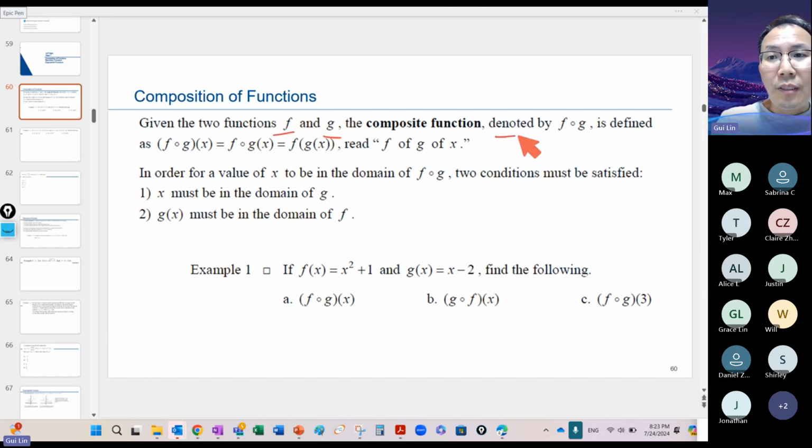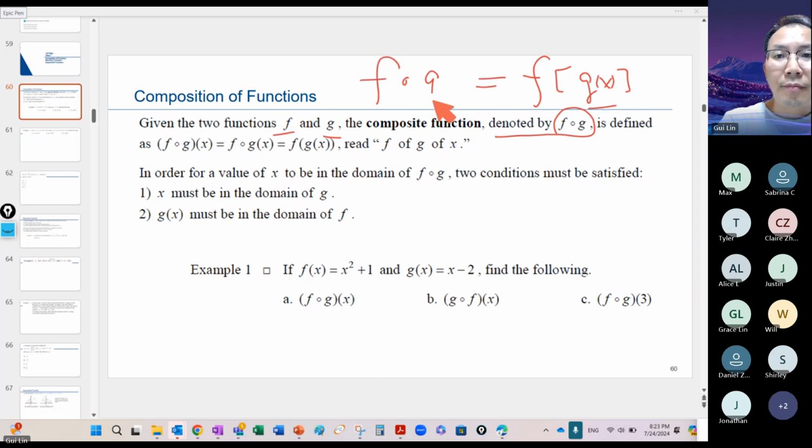So it is denoted as, if this one is inside, we can describe it like this. The x inside the earlier function is actually now another function.